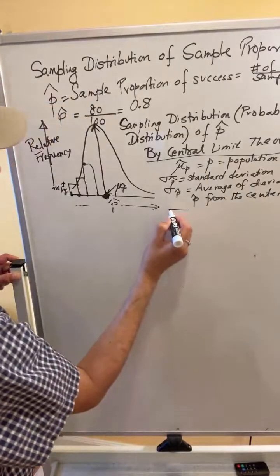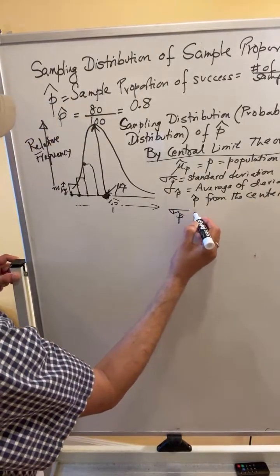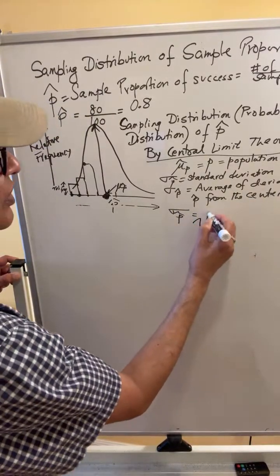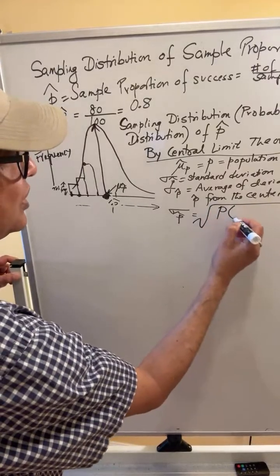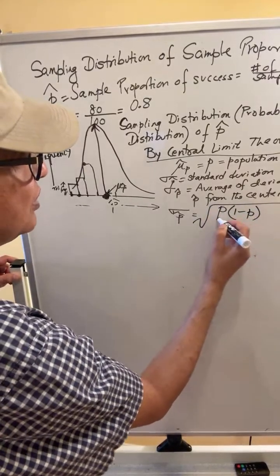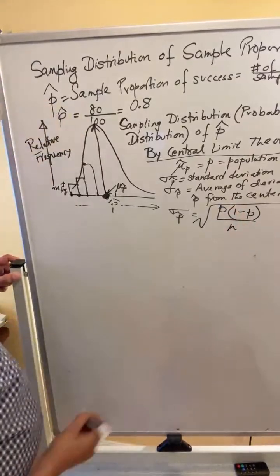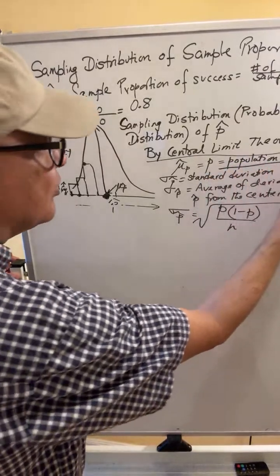Now there is a formula for sigma p hat. The standard deviation is given by this formula, square root of p times 1 minus p over n. So you ask, what is p? p is the population proportion.